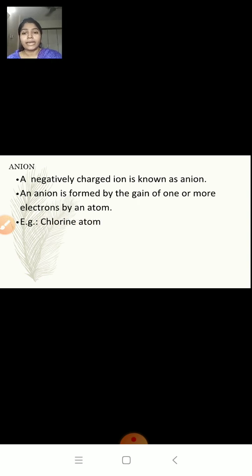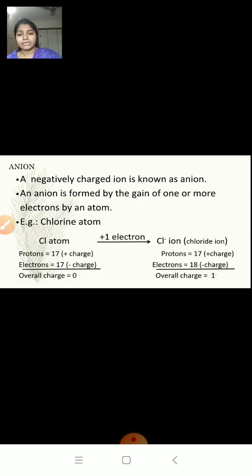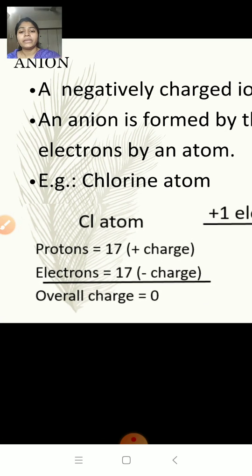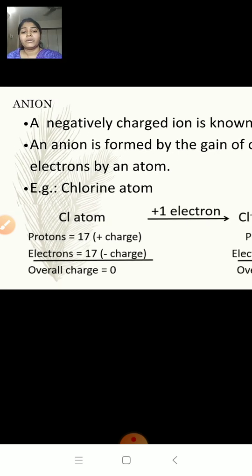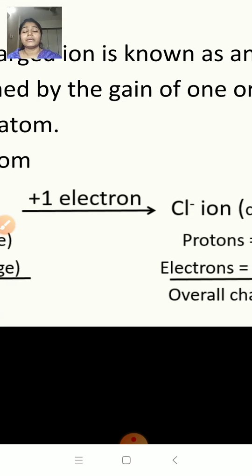Example, chlorine atom. Let us see how chlorine atom becomes chloride ion. Now chlorine has 17 protons and 17 electrons. So the overall charge is neutral, it is 0. But when chlorine atom gains 1 electron, what will happen?